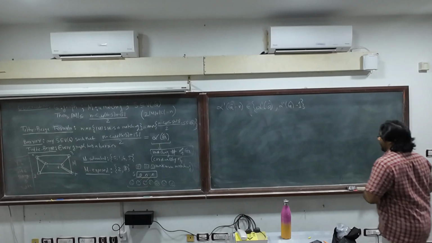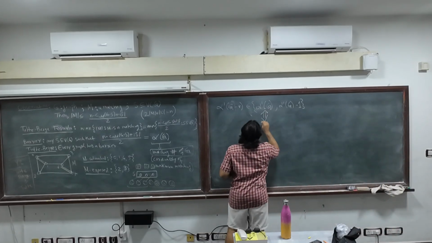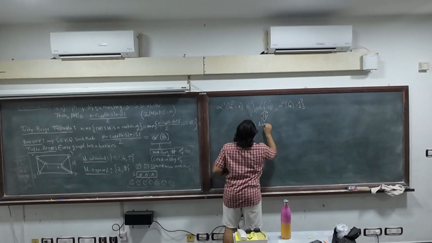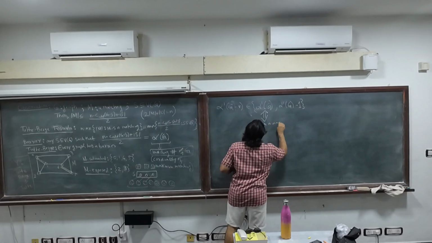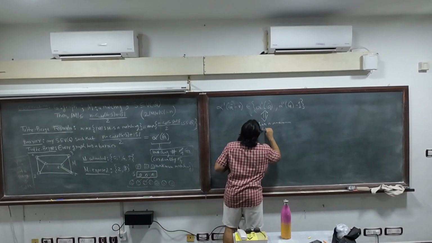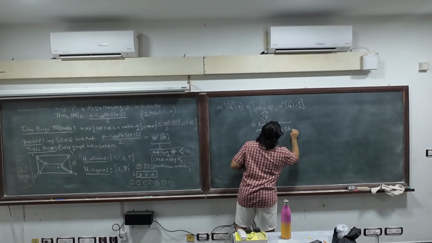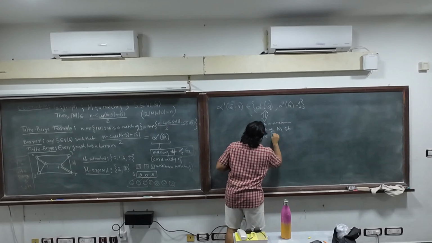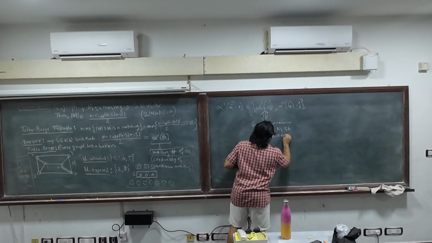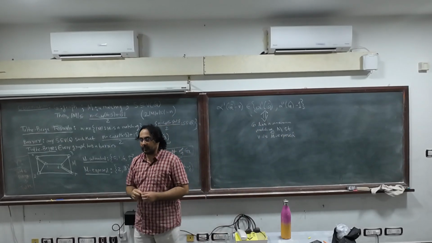So let's write it down. This happens if and only if G has a maximum matching M such that V is M-exposed. You all agree? And when does it go down?